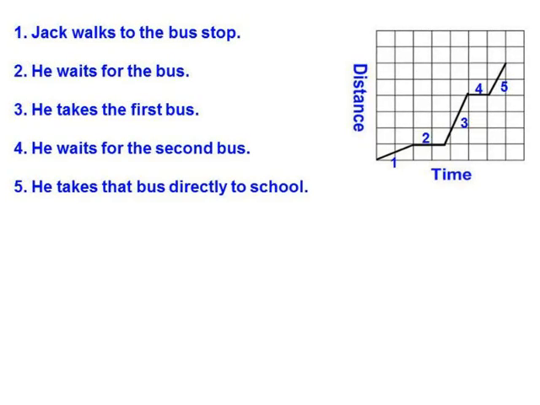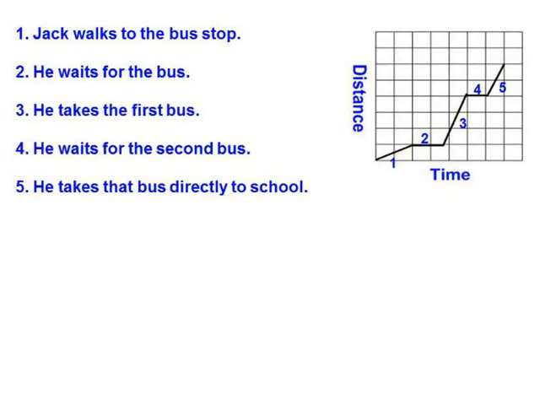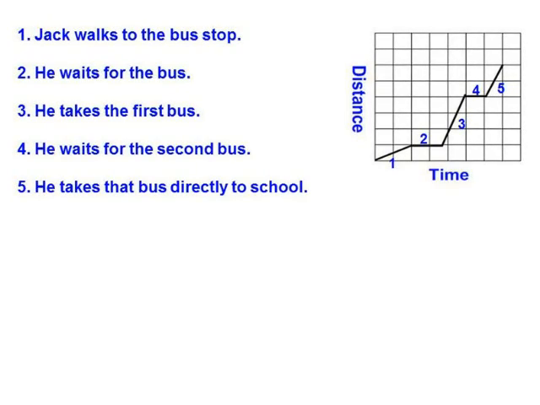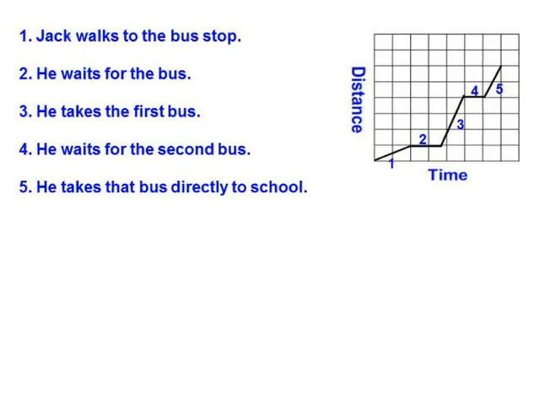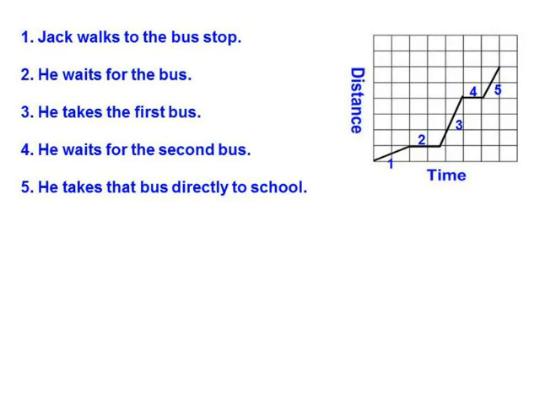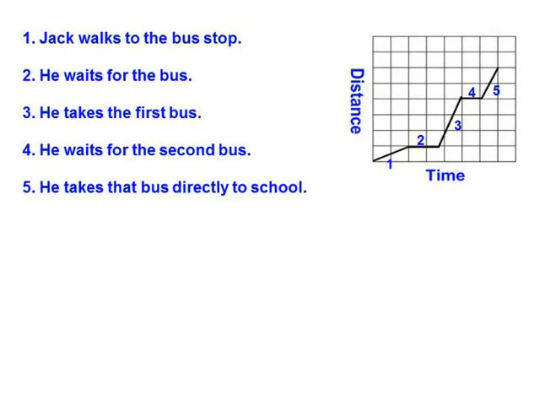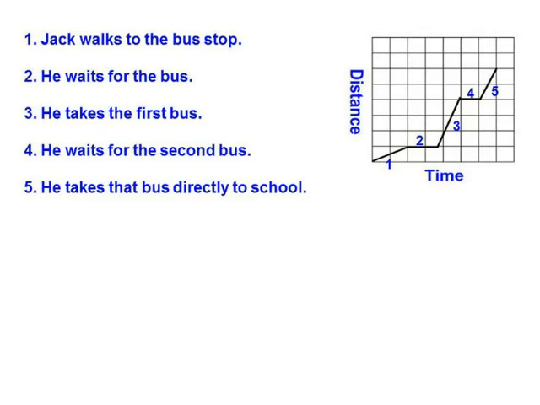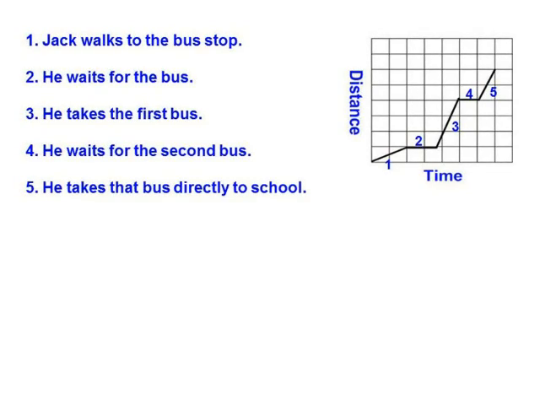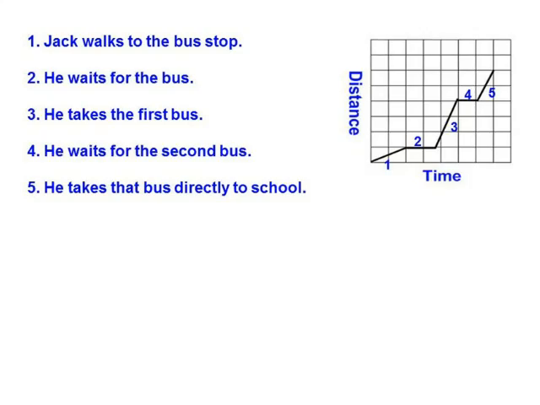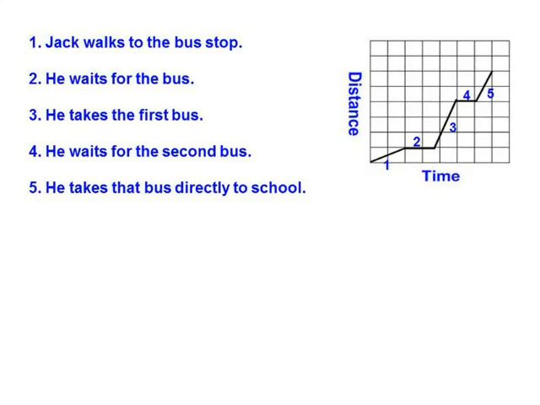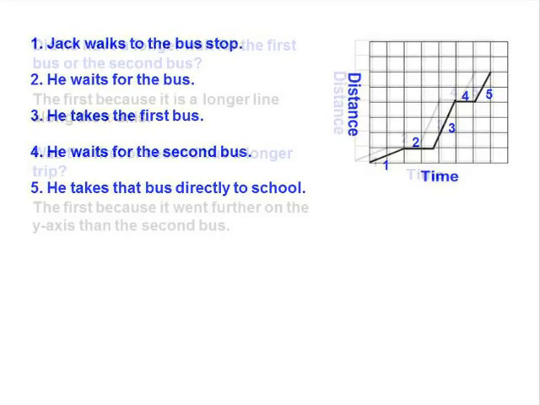Those are both waiting times. But he waited a longer time at number 2 compared to number 4. Notice in number 4, just like number 2, they're both waiting. Their time is waiting. And lastly, number 5. He catches the bus again, and he goes directly to school. And that's the end of the story in that graph.